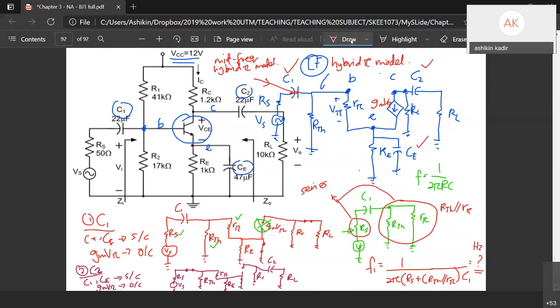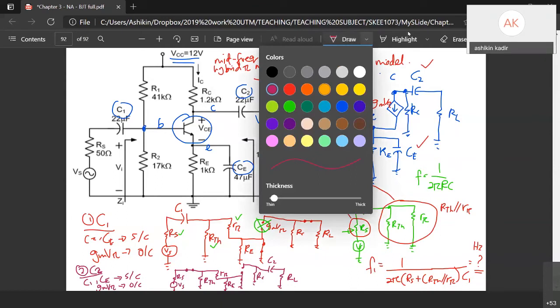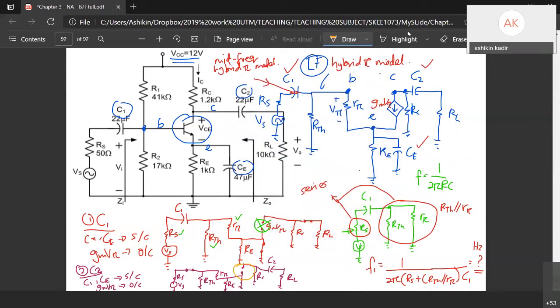Okay, C2 and RL. So here you can see that the circuit is disconnected at gmVπ.